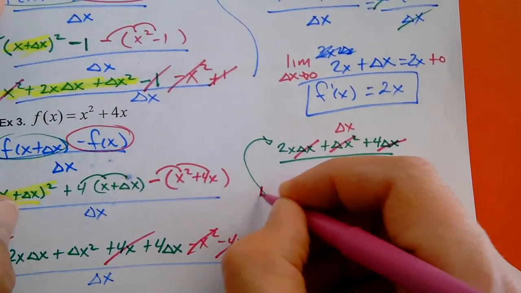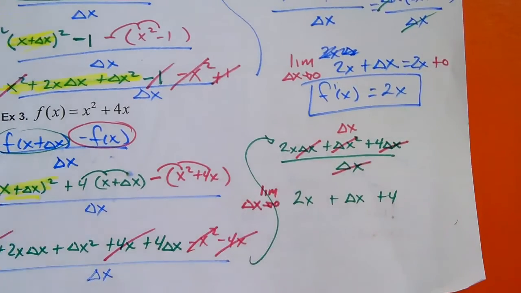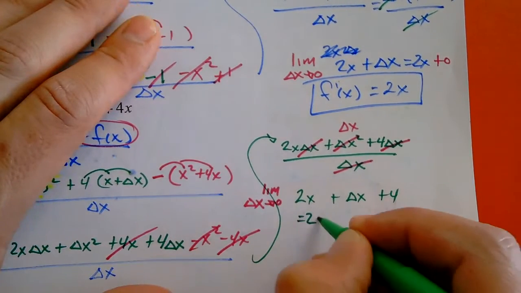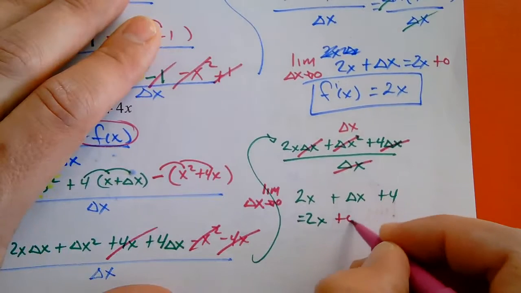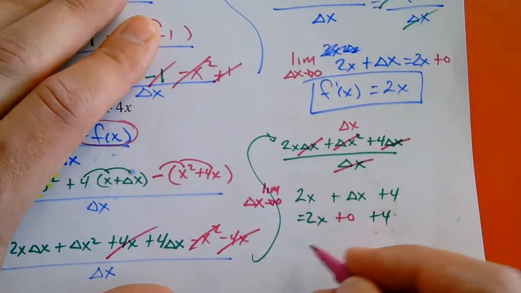Now I've gotten rid of that denominator, so I can find the limit as delta x approaches 0. Anywhere there's a delta x, plug in 0. It's not for x, but for delta x.